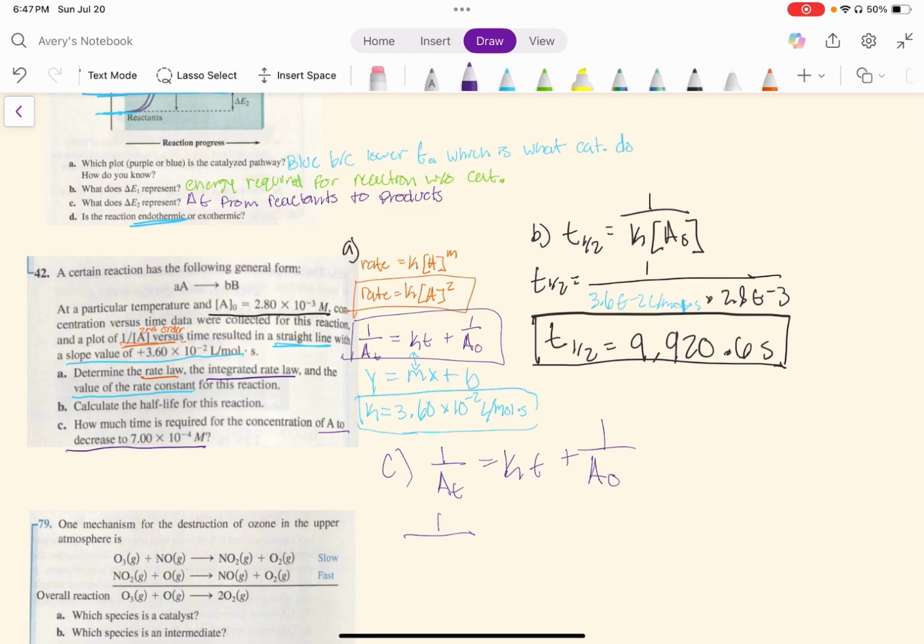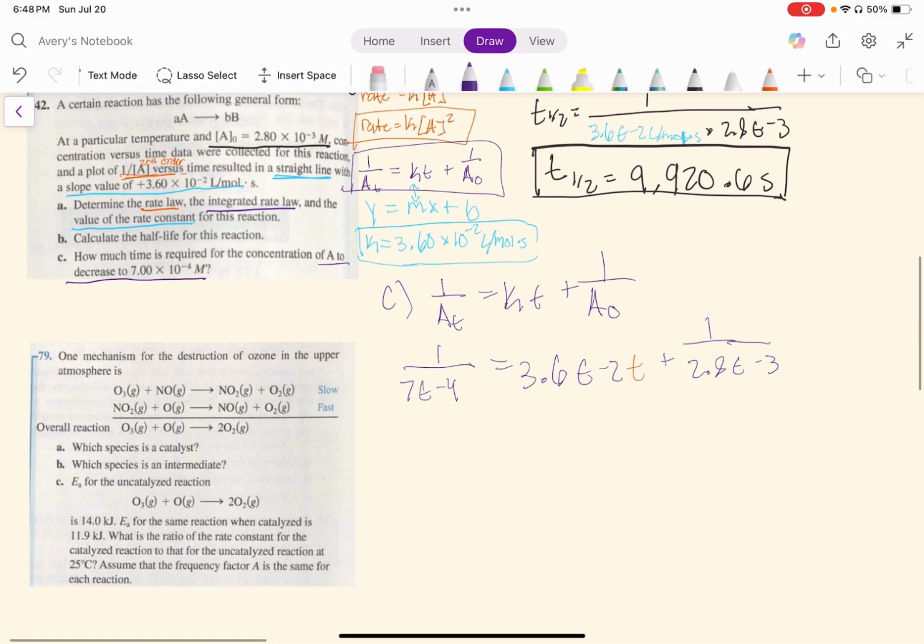So we have 1 over 7 e to the negative 4 is equal to k, which we know is 3.6 e to the negative 2, times t, which is what we're solving for, plus 1 over A initial, which was given in the original word problem, which is 2.8 e negative 3.